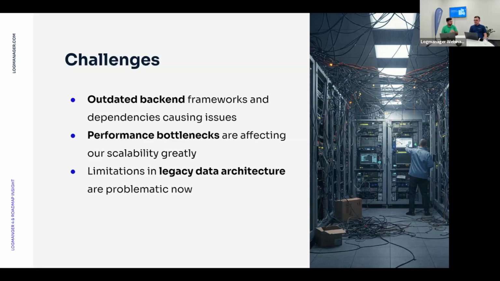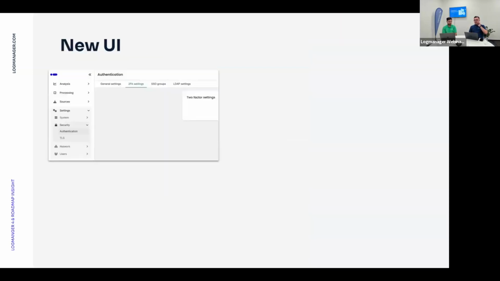There was this moment where we knew we had to put a stop to this and start from scratch, and be able to deliver faster and make everything more user-friendly. Exactly. Yes. So this is the story of why we started working on Logmanager 4.